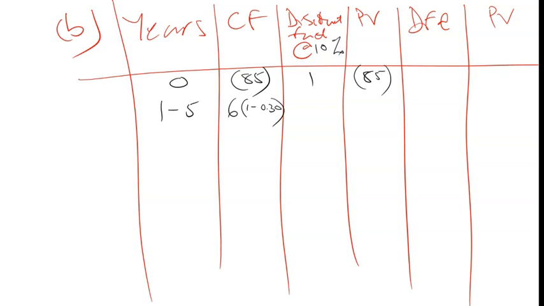So 6 multiplied by 1 minus 0.30 is the same as 6 multiplied by 0.7, which is equal to $4.20. So our interest is $4.20 per annum.